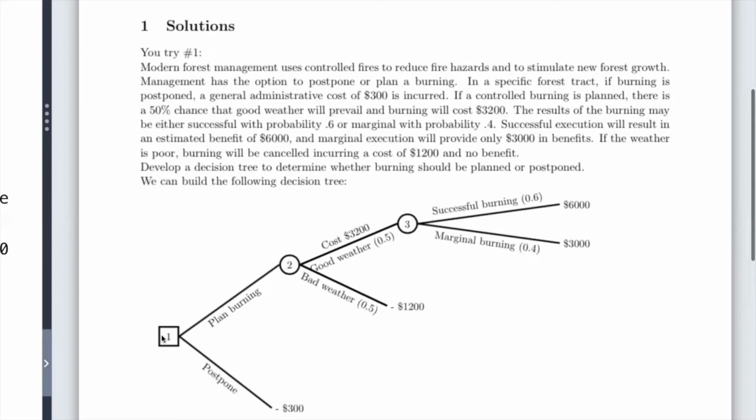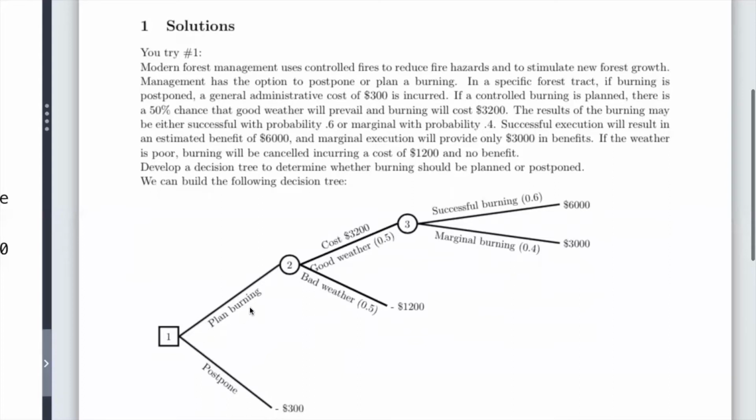That's why we put 1 in a square, because this is a decision node, and the two decisions are either to plan a burning or to postpone one. As we can see, if it's postponed, we're going to lose $300, which takes us down this way of the tree. So that's why it's minus $300.